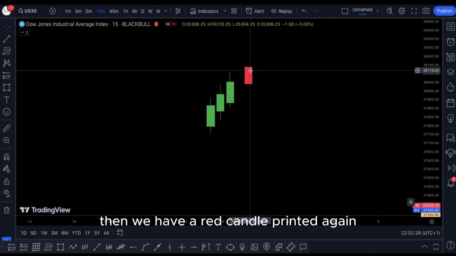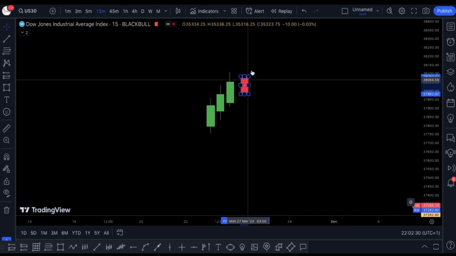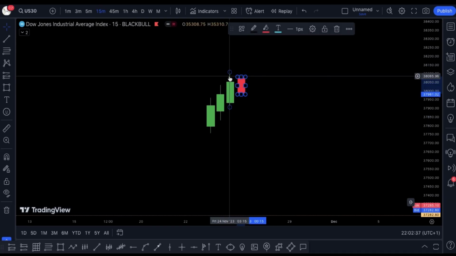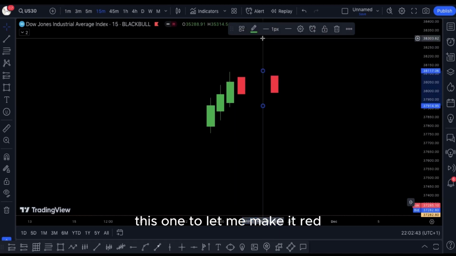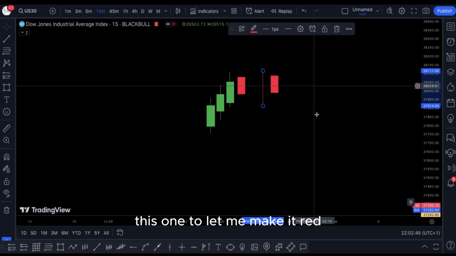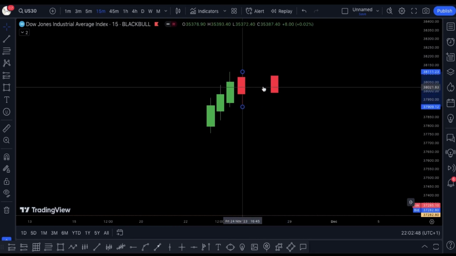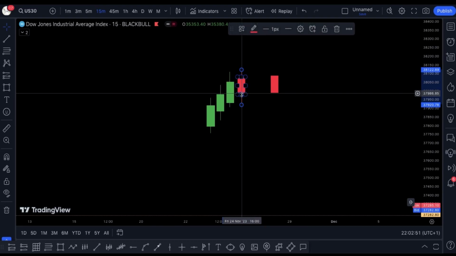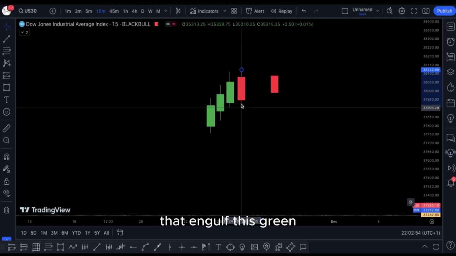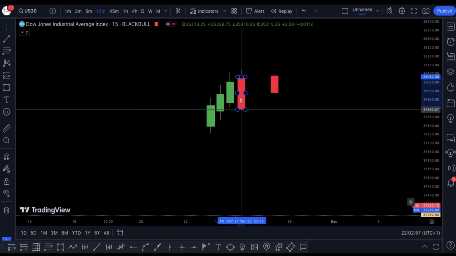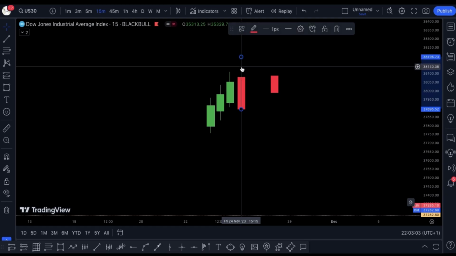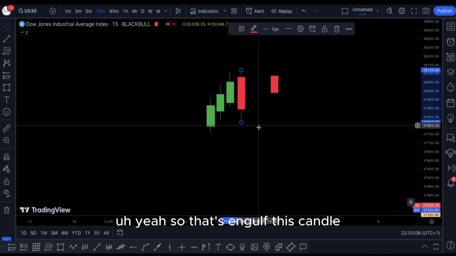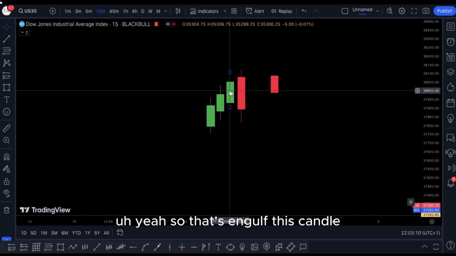Then we have a red candle printed again that engulfs this candle.